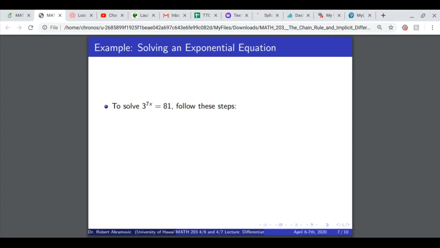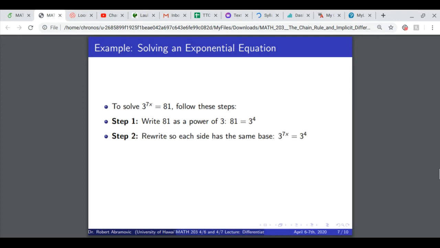Here's an example, solving an exponential equation. To solve 3 to the 7x is equal to 81, we follow these steps. Our first step is to write 81 as a power of 3, because we want both sides to be written as 3 to a power, or be written as an exponent where each side has the same base.